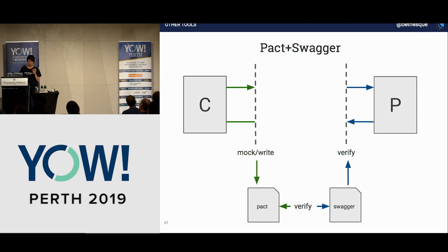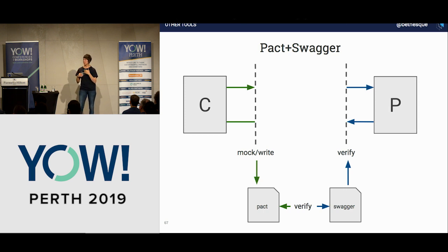There is a really interesting approach, however, that might allow you to get the benefits of both of these sides. Atlassian has open sourced a tool that they actually wrote internally, which allows you to verify a pact against a Swagger document.